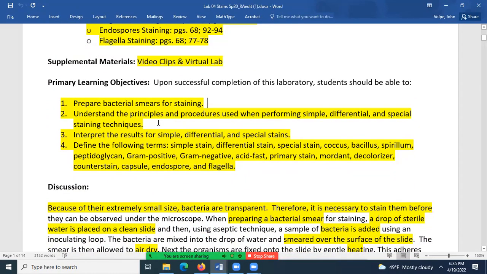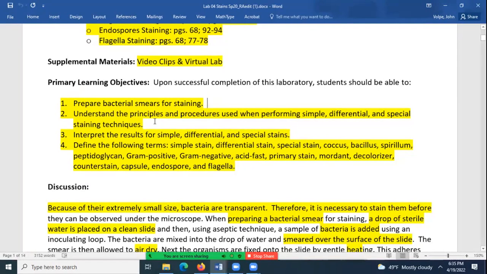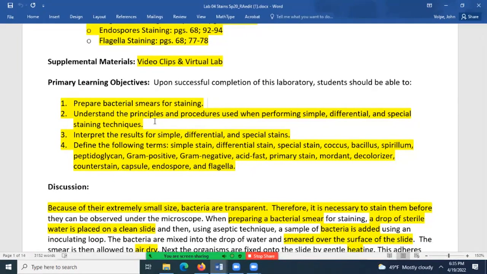You make a bacterial smear before you do the staining. So bacterial smear is not doing the staining. It's putting the bacteria on the slide. Understand the principles and the procedures used when performing a simple stain, a differential stain, and then the special stain. Be able to interpret the results for a simple stain, a differential stain, and a special stain.